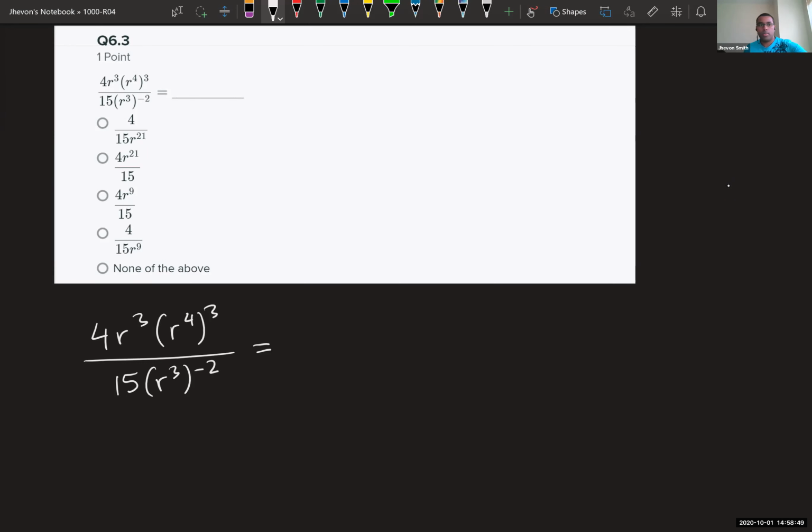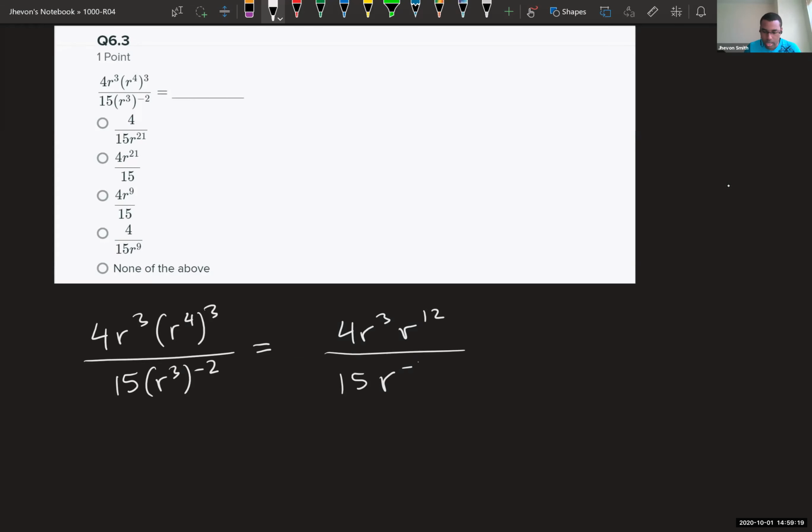You multiply the r to the 4th and the 3rd power, so it turns into 4r cubed times r to the 12th. Correct. Over, right, so again, PEMDAS means we're simplifying the exponents first, because what's in parentheses is already simplified. So the next thing is to worry about the exponents. Simplify all the exponents, and we have that.